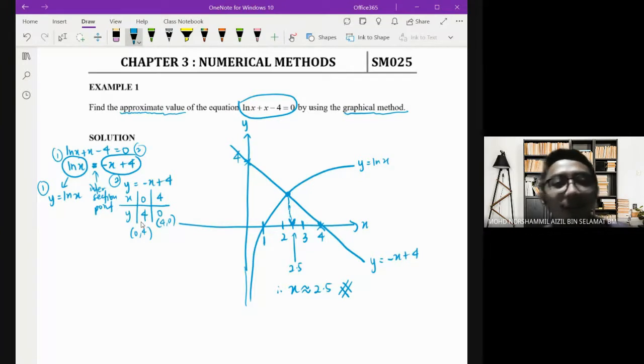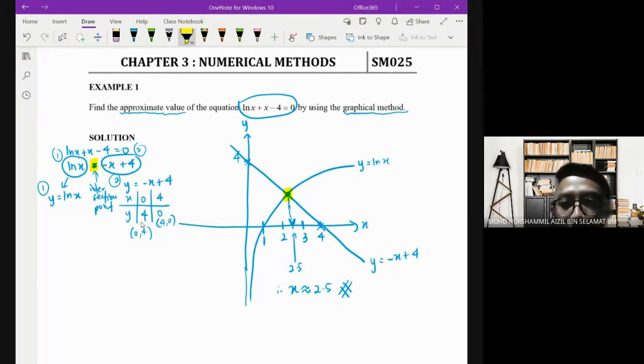Did you get it? We just estimate the answer. That's why for graphs here, you have to master graphs. Okay. So why is the answer the intersection point? Because of the equal sign. I showed the equal sign earlier. The equal sign means intersection. And then we want the x value.